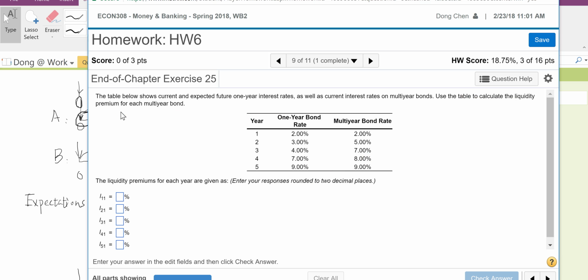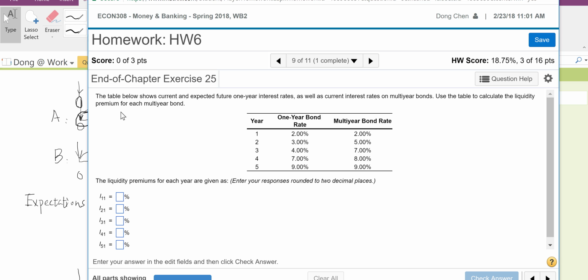In this chapter we talk about 3 theories that can potentially explain the term structure of interest rates, or the yield curve. We have the expectation theory and the segmented market theory, but even though these 2 theories can explain part of what we call the stylized facts about the term structure, they couldn't explain all of them.